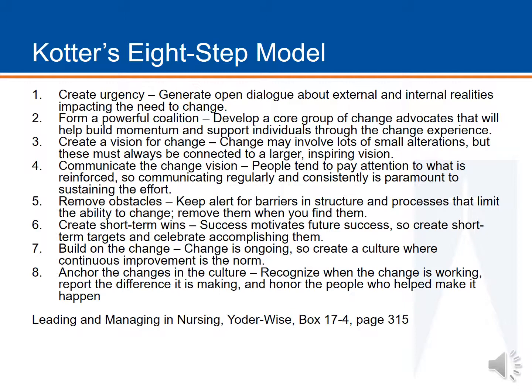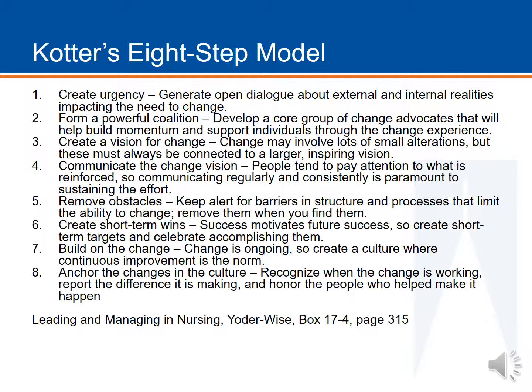The second step is forming a powerful coalition. So developing a core group of change advocates that will help with the change. Creating a vision for change. So what's that bigger vision, and what's the outcomes that are potentially going to be seen from this vision? And then how do you communicate that vision to those that need to see it?